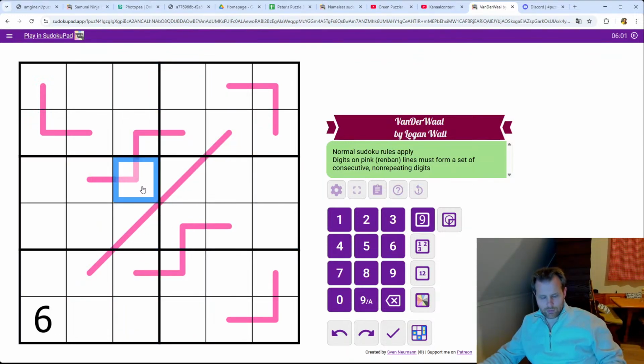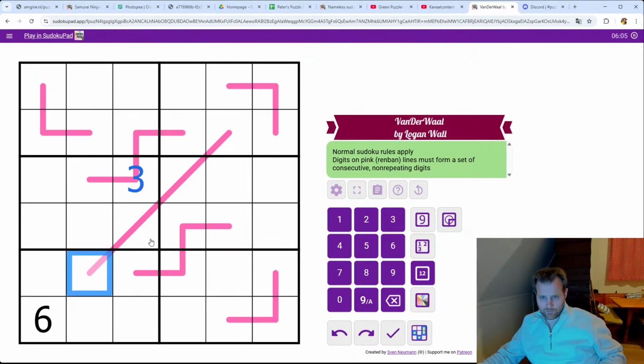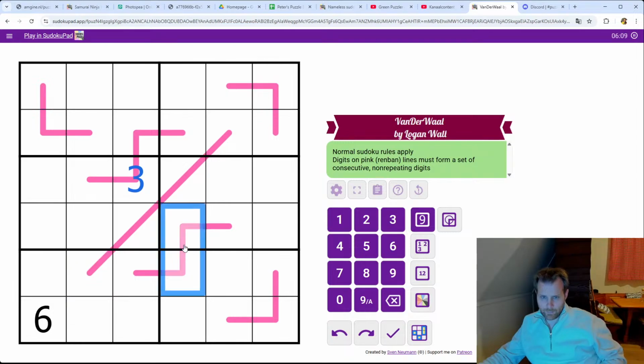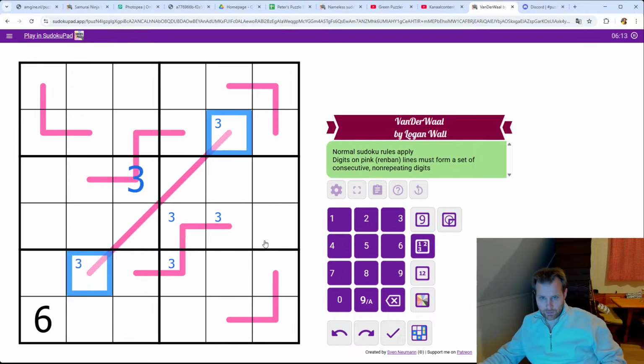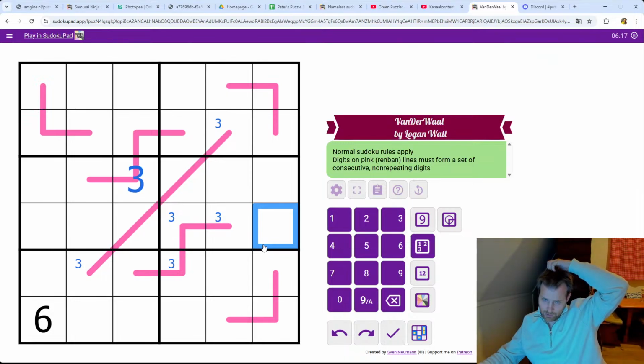So for example, if you put 3 in here, then you have to put a 3 in here and a 3 in here. And I don't see why that is not possible.